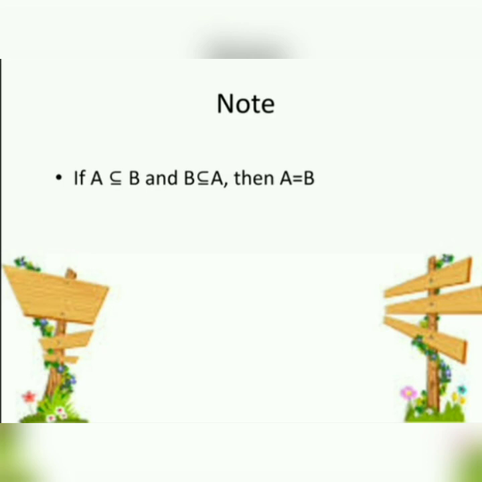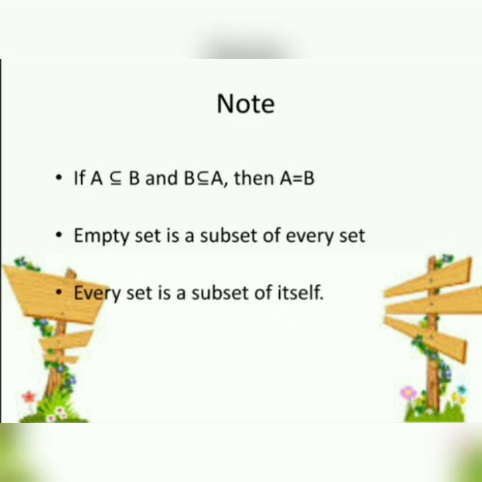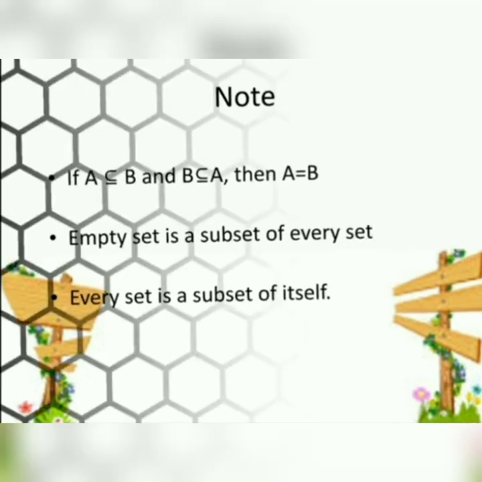So if both are subsets of each other, then they are called equal sets. Then empty set is a subset of every set. Whenever you count the subsets, the first set will be the empty set. So empty set must always be a subset of every set. And the whole set is a subset of itself.